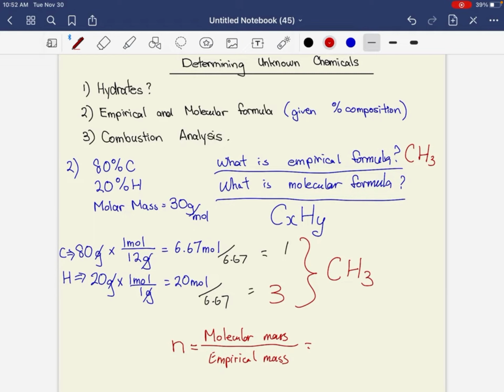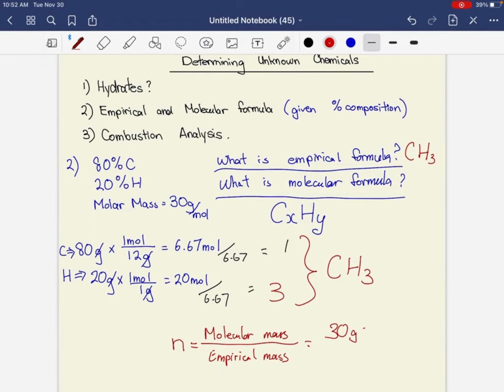Empirical mass is basically the molar mass of the empirical formula. Okay? So the molar mass is given as 30 by the mass spectrometer, and the empirical mass we can easily calculate by looking at the empirical formula. 1 C, 3 H's. So that's 12 plus 1 plus 1 plus 1. Okay, and we all agree that will be 15 grams per mole.